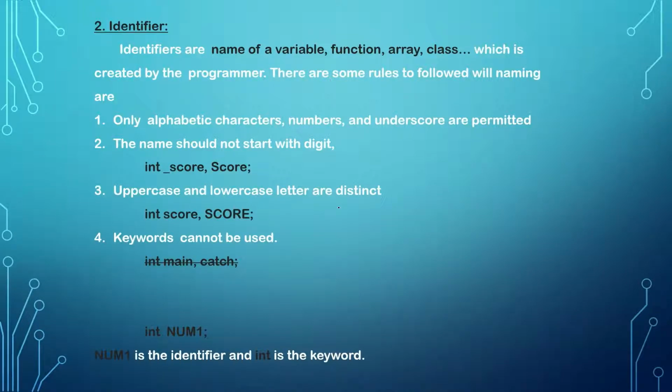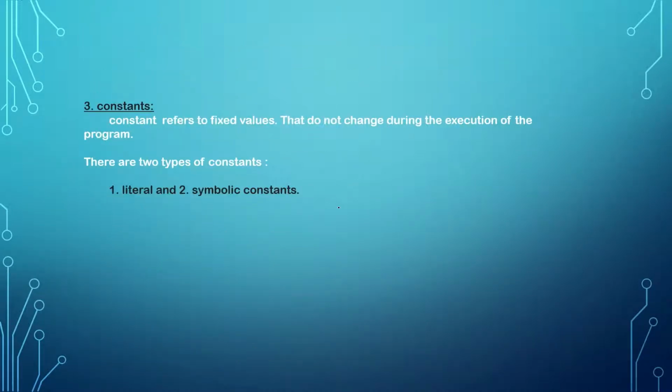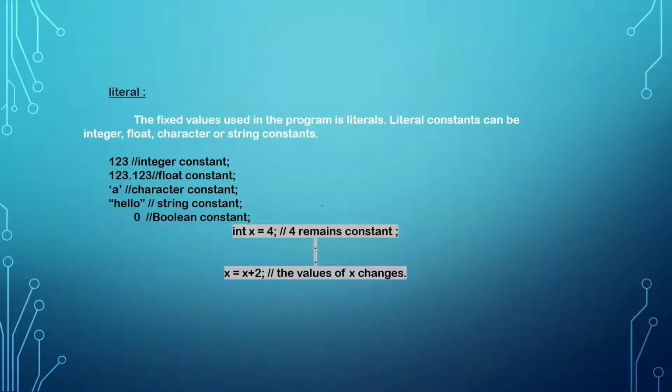Next, we have to see what values we are going to assign to an identifier, that is constant. A constant refers to a fixed value that does not change during the execution of a program. There are 2 types of constants we use in our program: literal constant and symbolic constant. Literal constants are fixed values used in the program.